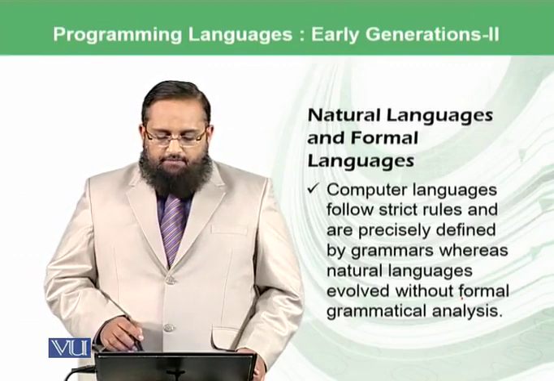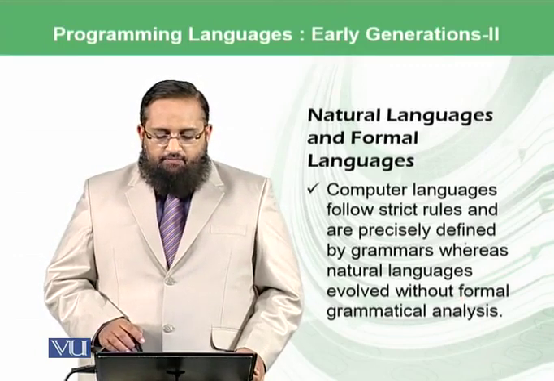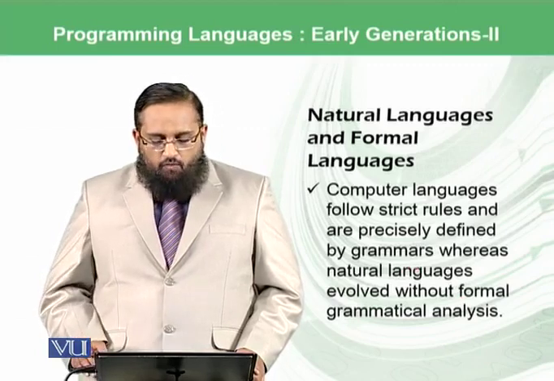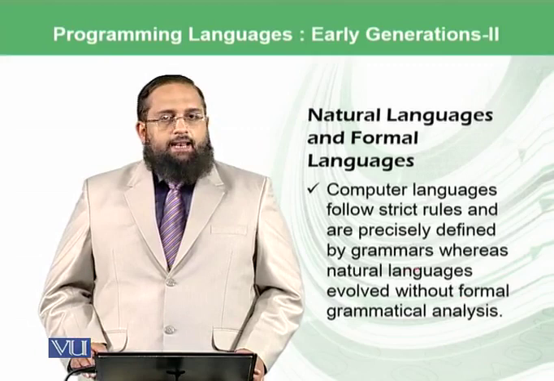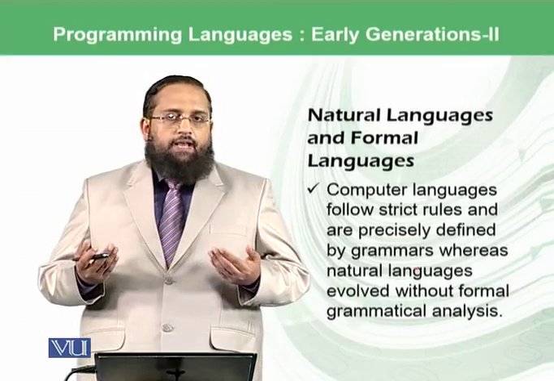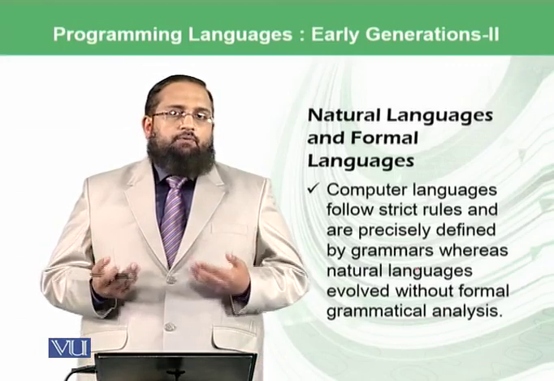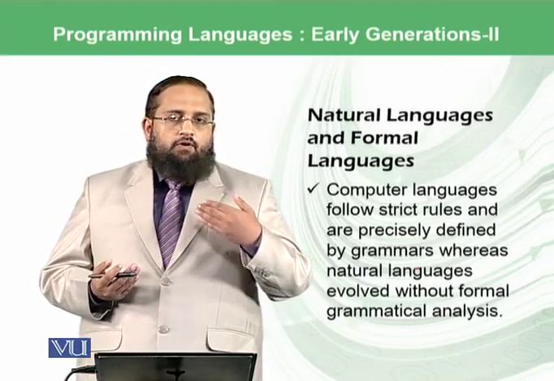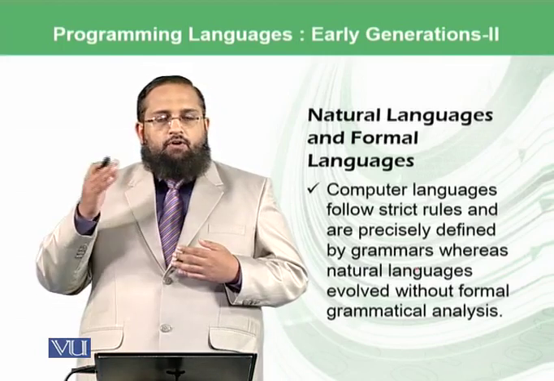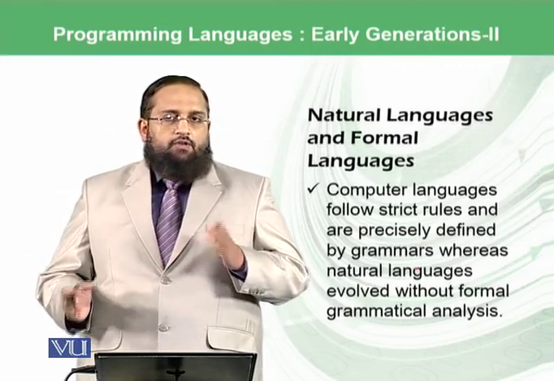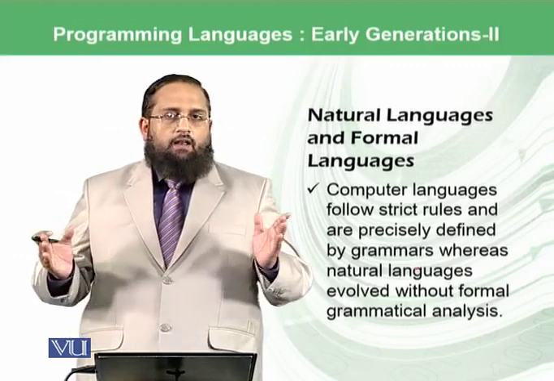So computer languages follow strict rules precisely defined by grammars, whereas natural language evolved without formal grammatical analysis, and natural language depends upon the human. Whatever they want to say, they will say. Wherever they want to pause, wherever they want to finish their talk, whatever they want, they are allowed.